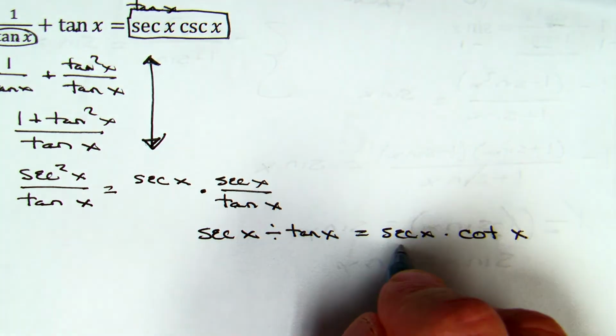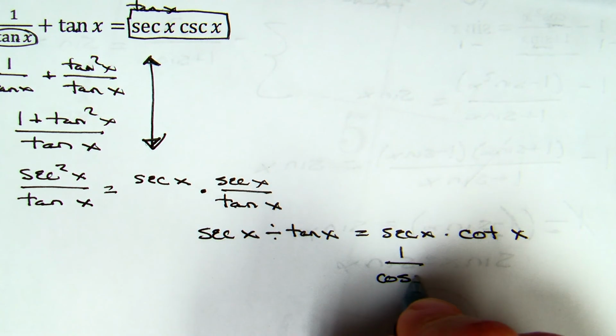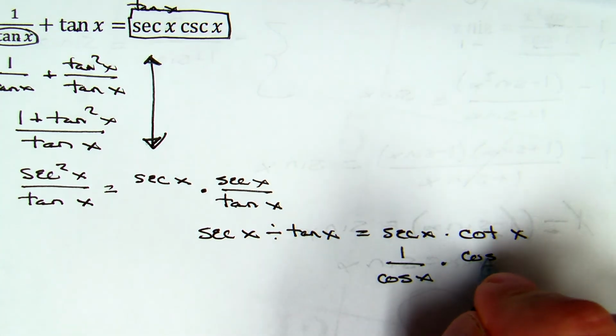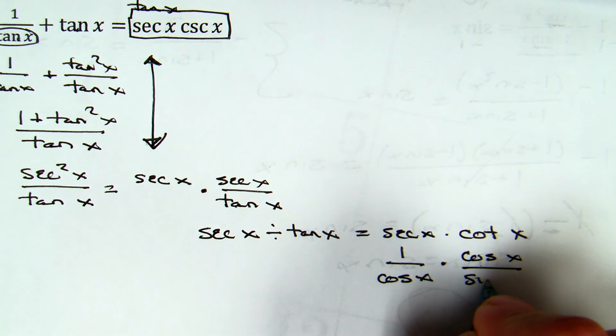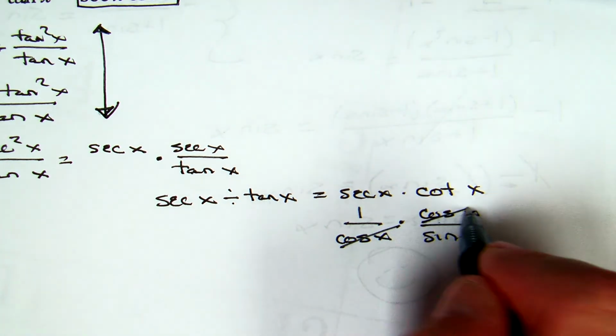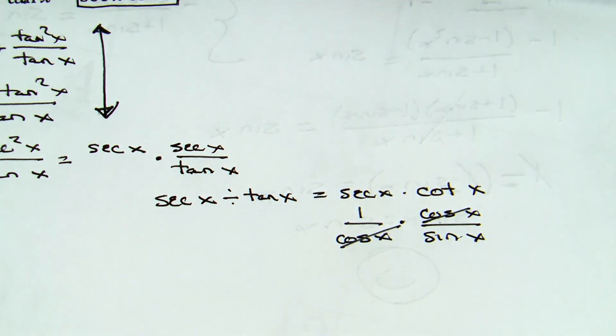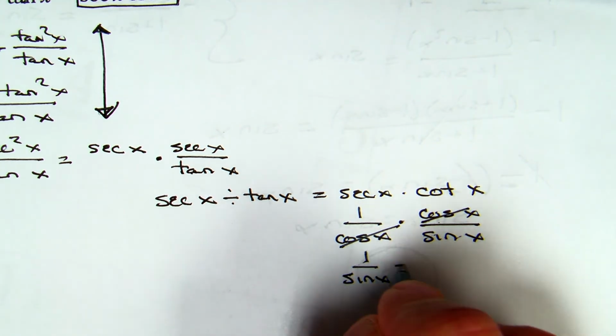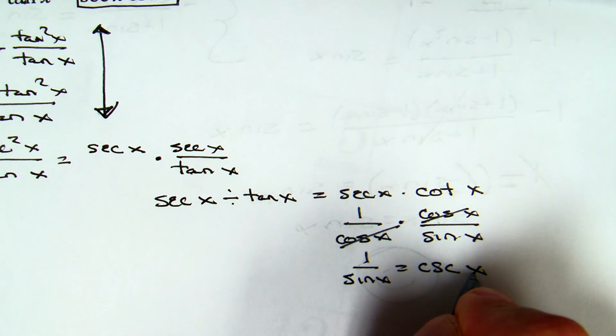So secant x is 1 over cosine x. Cotangent x is cosine x over sine x. What are the cosines going to do to each other? Cancel out. And you're going to have 1 over sine x, which is equivalent to cosecant x.